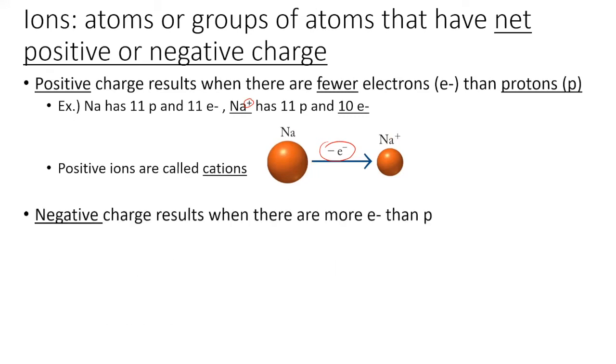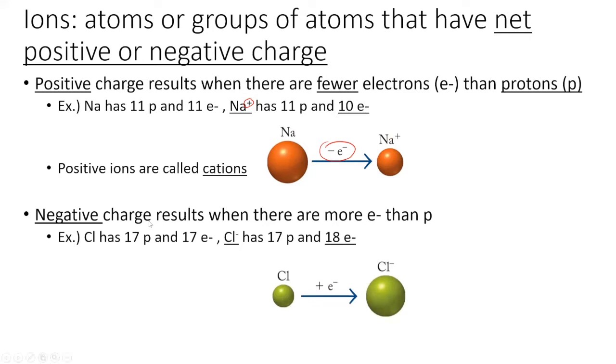Negative ions are those with negative charge, and that results when you have extra electrons. You have more electrons than protons. So for example, chlorine atoms have 17 protons and 17 electrons. The chloride ion, and we'll talk about the naming conventions later, but when you make a negative ion out of chlorine, it's called chloride. It has 17 protons.